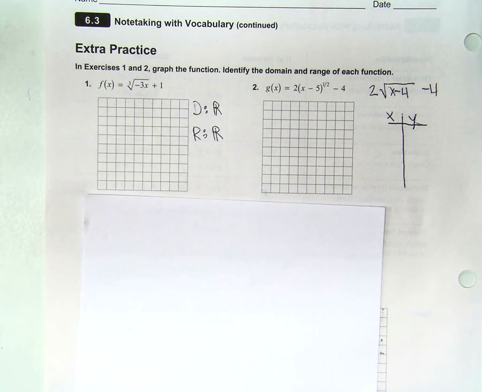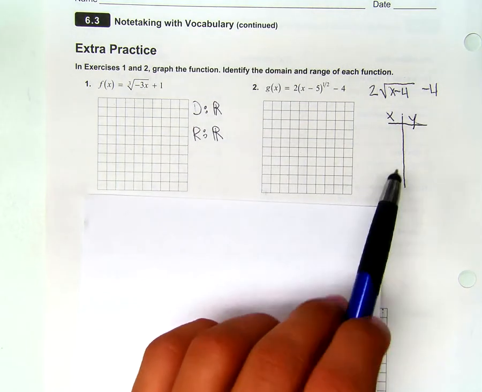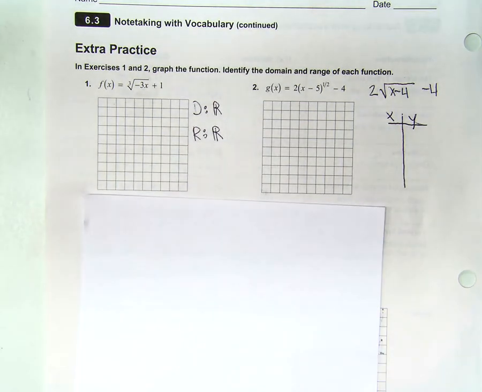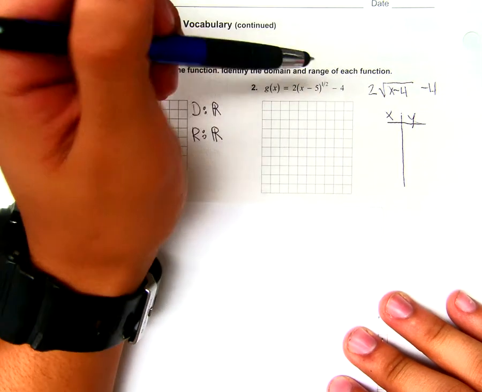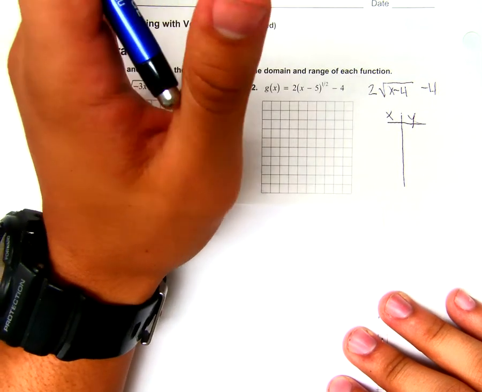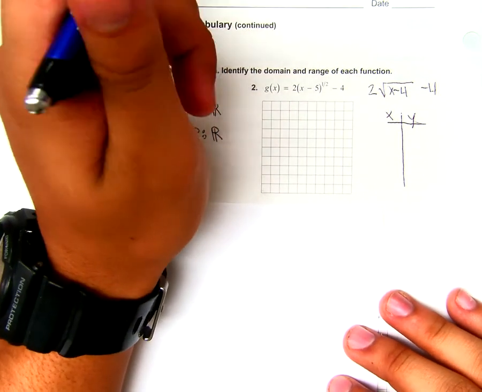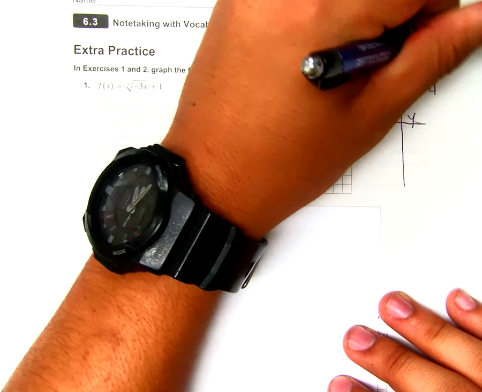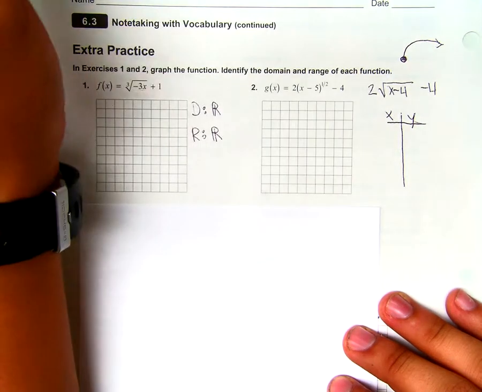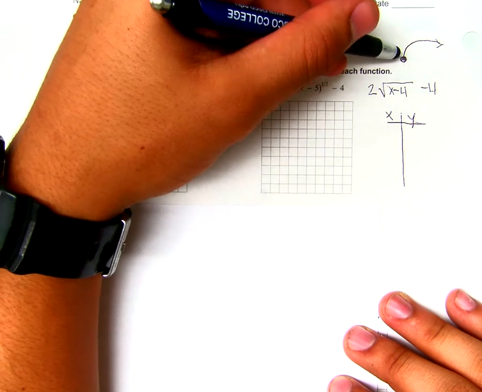So what we want to do is choose x values and figure out the corresponding y value for it, the corresponding y coordinate. Now the first point that we want to find is the starting point. If you think about a square root function, it has a starting point and then it goes on. We want to find this point here.